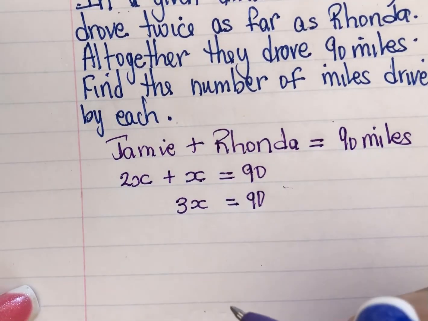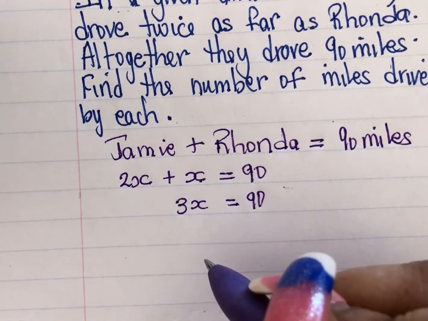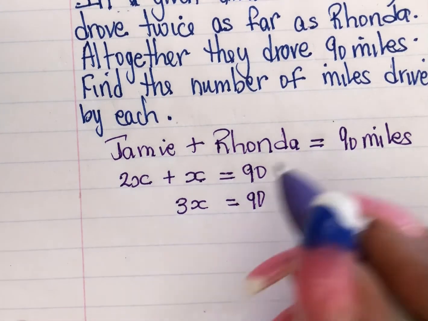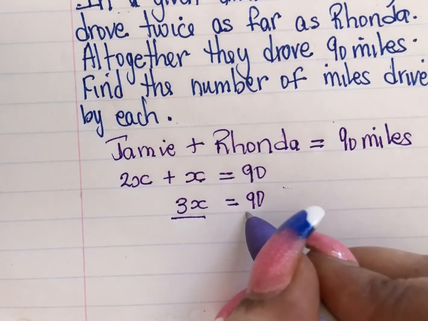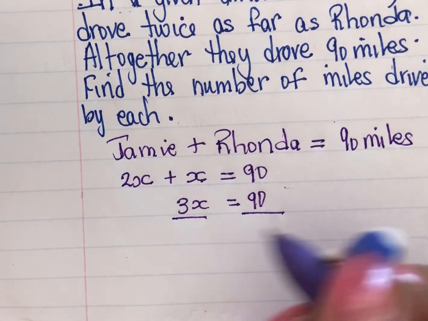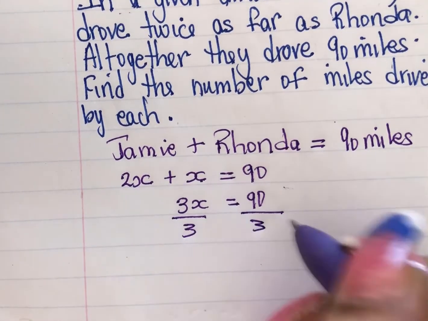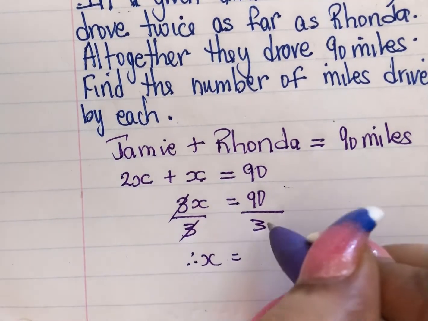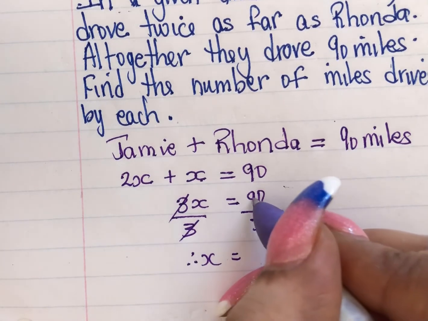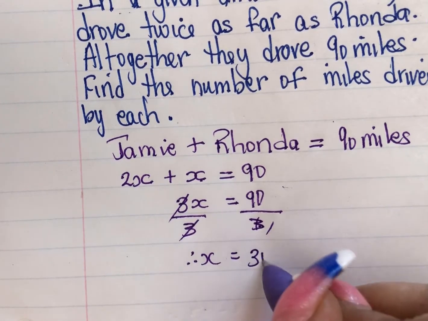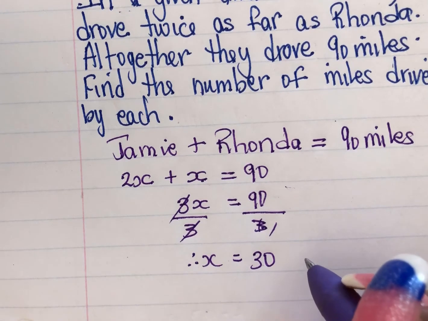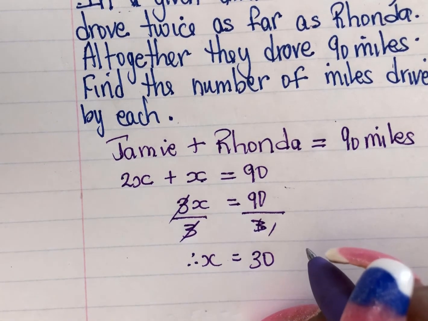And I just have one step. That is to get rid of the coefficient of x, which is higher than 1. In this case, it is 3. 3 goes into itself once. Therefore, x is 3 into itself once, and it goes into 90 exactly 30 times. So we are looking at 30 miles.